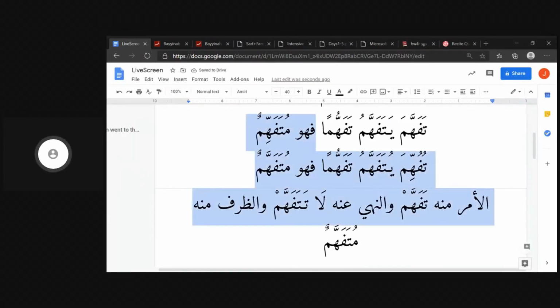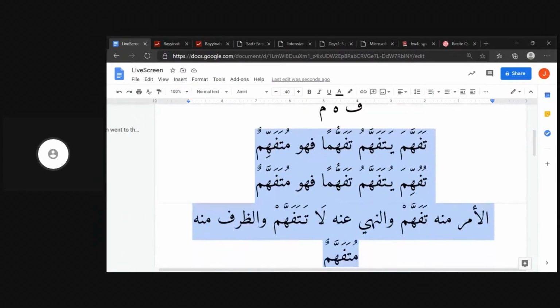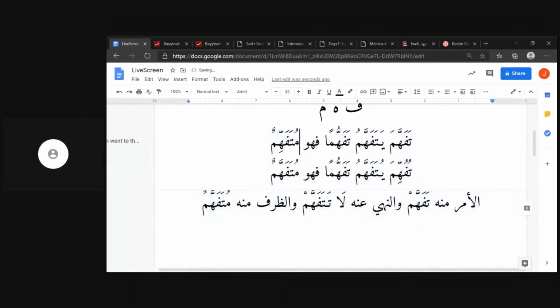There you go. That's تعلم with a different root. Let me just make the font smaller so we can fit it all. There we go.